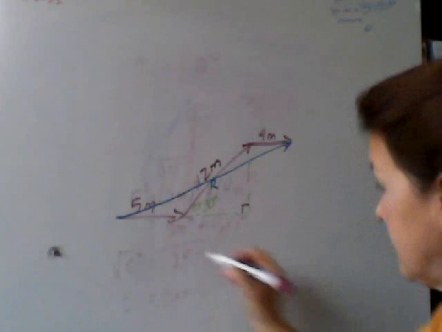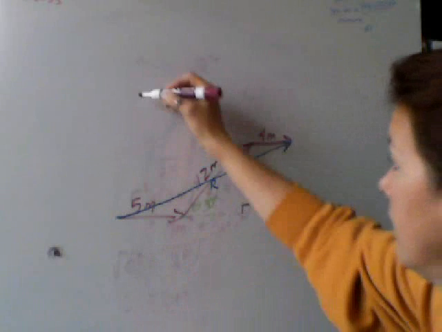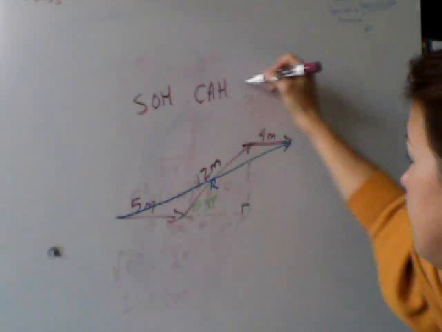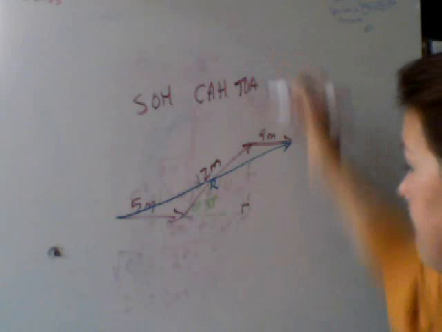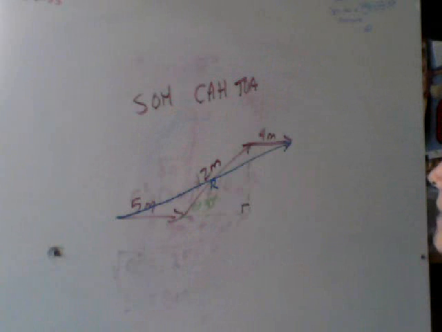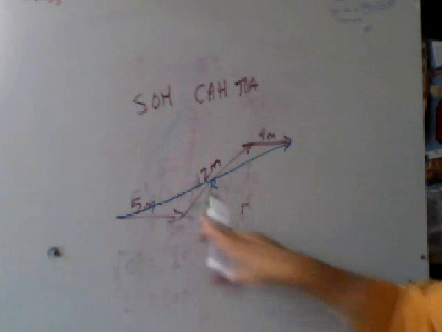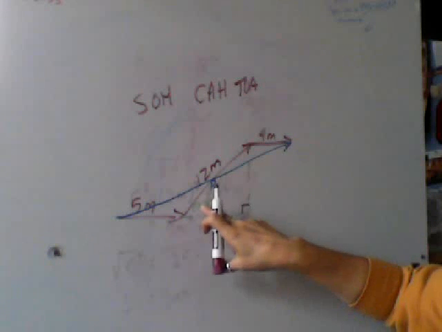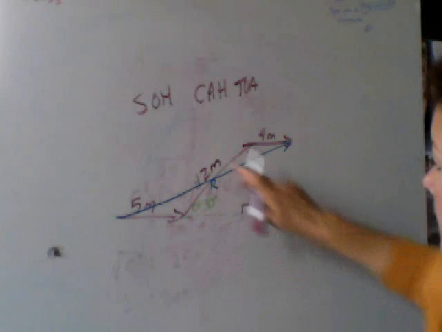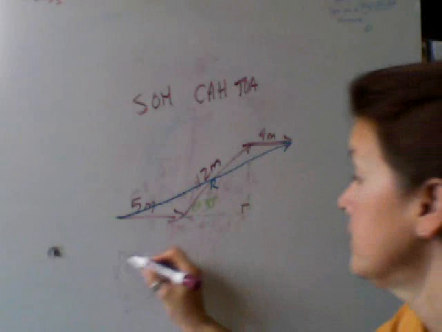So we can use our sine, remember our mnemonic, SOHCAHTOA. So we have the hypotenuse, so we're either going to use sine or cosine, and we have the angle. So we can first find the opposite side. We have our angle, we have the opposite and the hypotenuse.